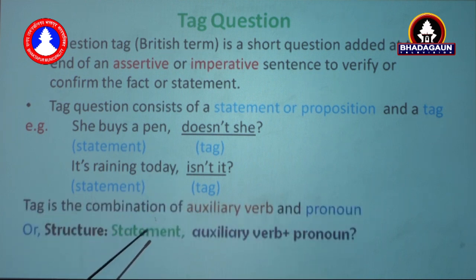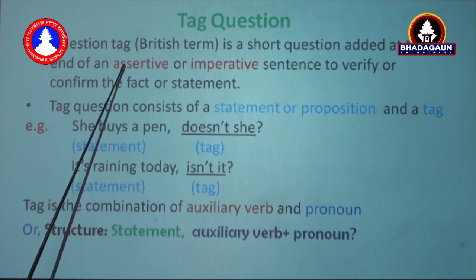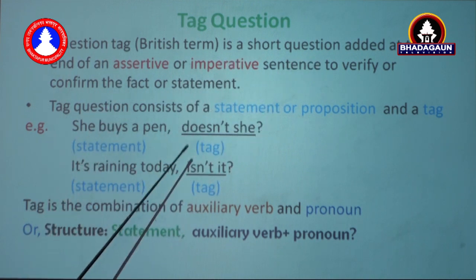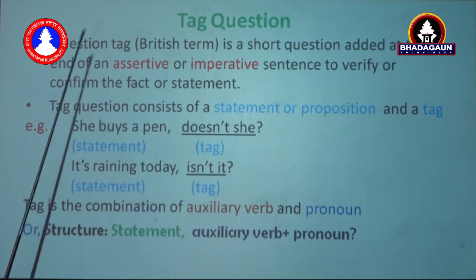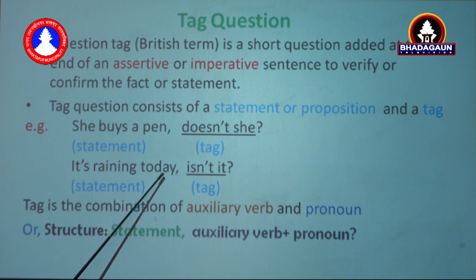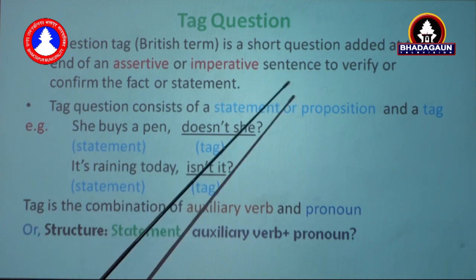So finally we come to the conclusion what tag is. It is a short question added at the end of an assertive or imperative sentence. Its main function is to verify or confirm the fact or statement. For example, it's raining today. Now we have to verify whether it is raining or not. So we say, isn't it? So now it seeks the confirmation or verification.